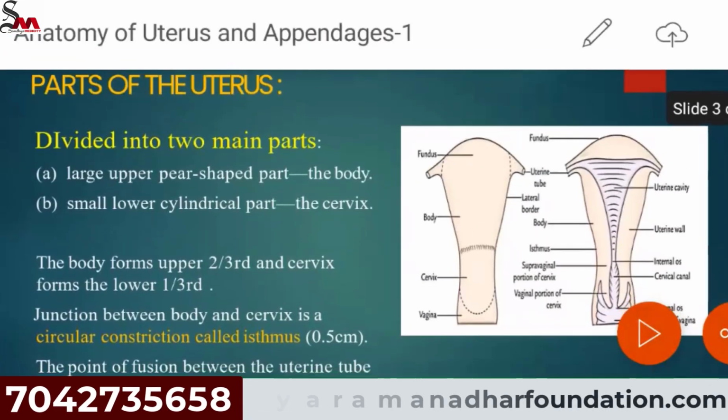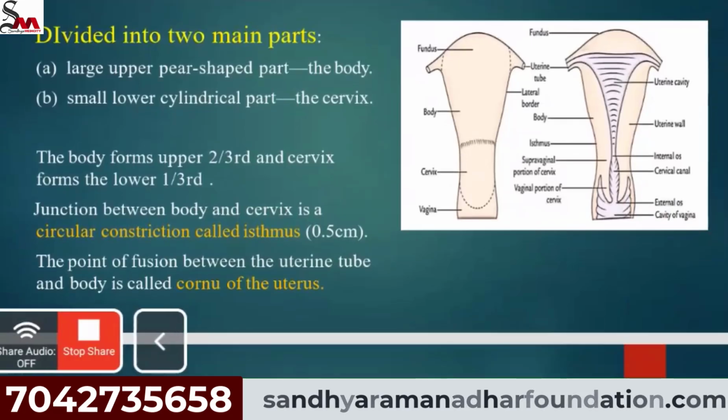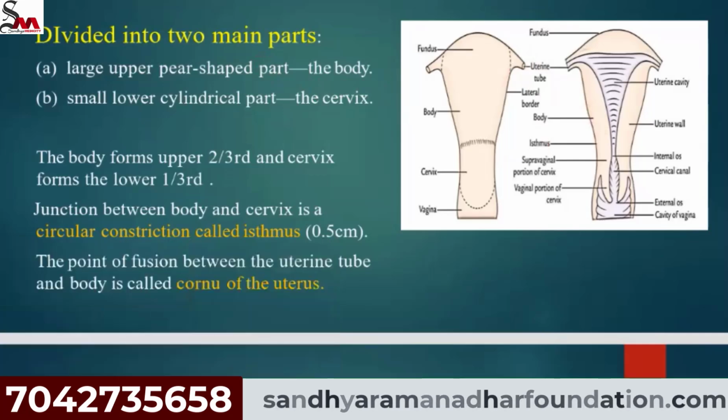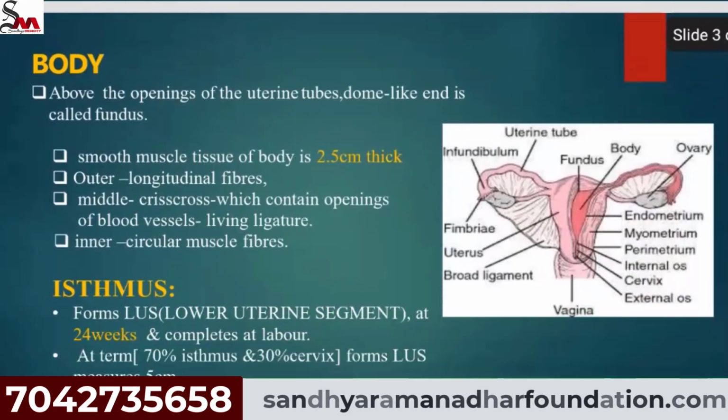So the cornu is located basically here, between the uterine tubes and body, because from here the uterine tubes continue. Now let's discuss the body.